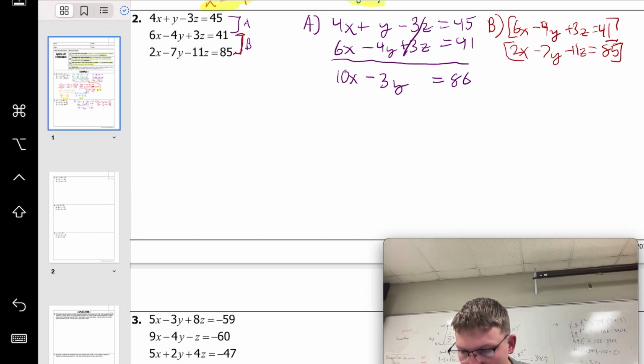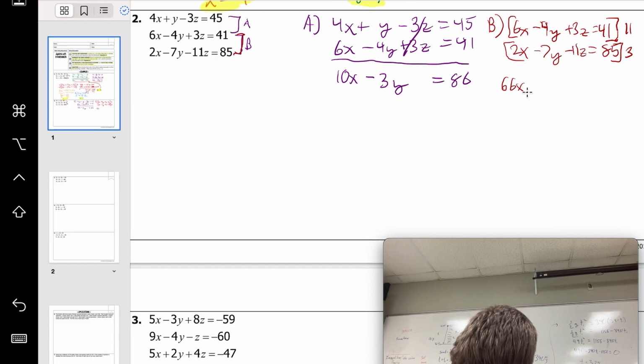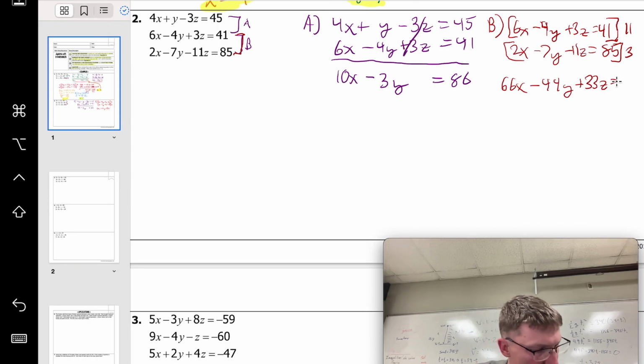So when we combine these, we're trying to get rid of our z's. So our top is going to have to be multiplied by 11, and then our bottom by 3. So that will get our z's to equal 33. So our new equations are going to look like 66x minus 44y plus 33z equals, I don't know that off the top of my head, 41 times 11, 451.